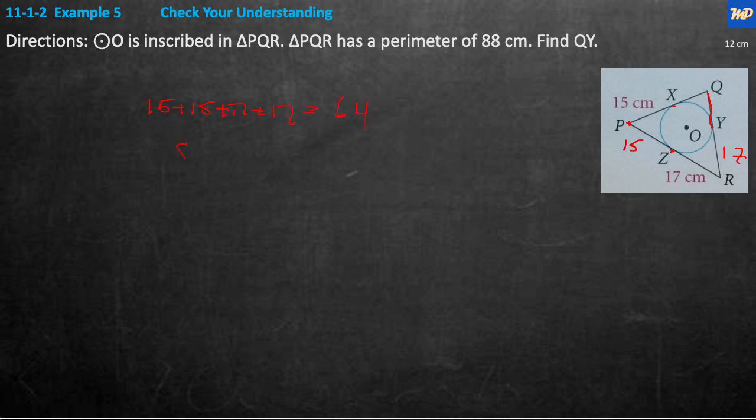If we take 88 and subtract 64, we're going to get 24. Now we know that QX plus QY is equal to 24. We just want QY, and we know that QX and QY are congruent and equal, so we can divide the 24 in half. So QY is equal to 12.